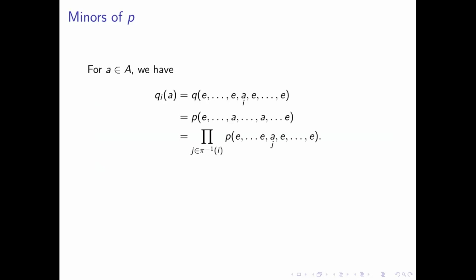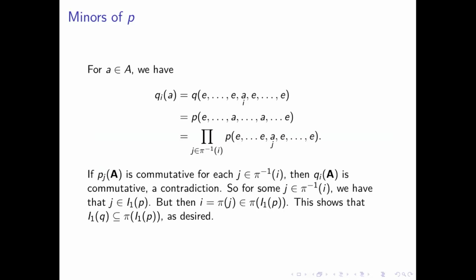I can split this second line apart again using the fact that multiplication commutes with the polymorphism P. And now what we have is a product of components. So we're going to rinse and repeat the argument from the previous slides.